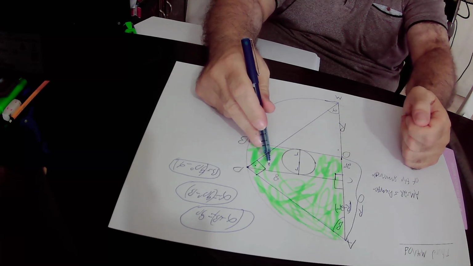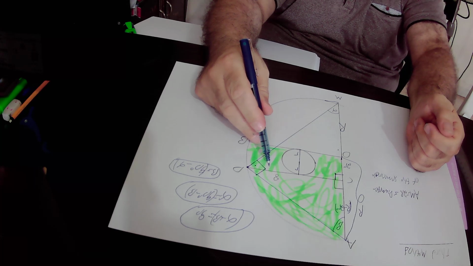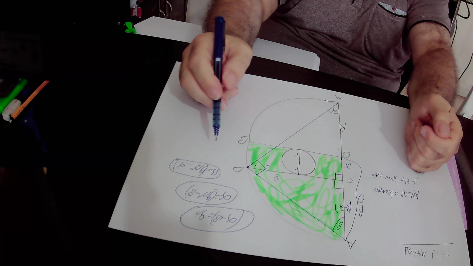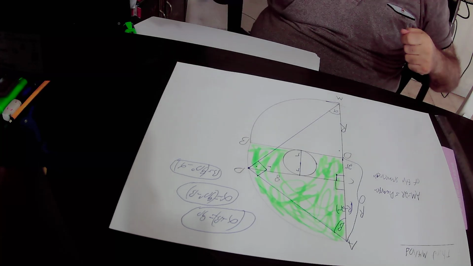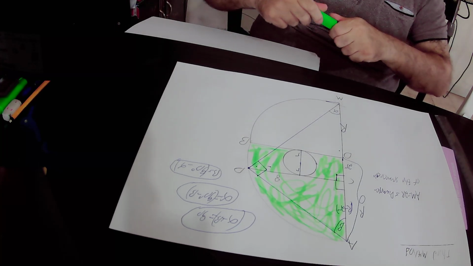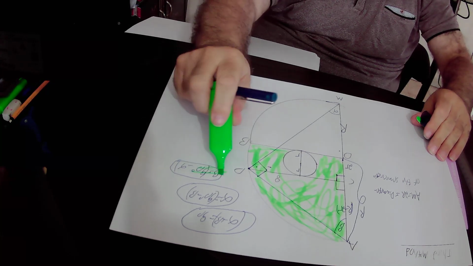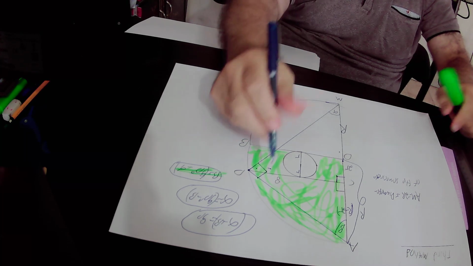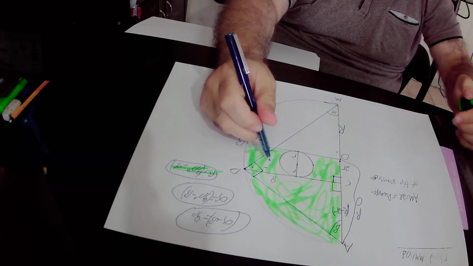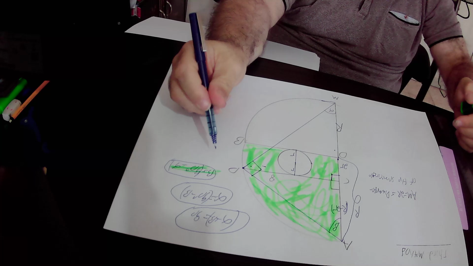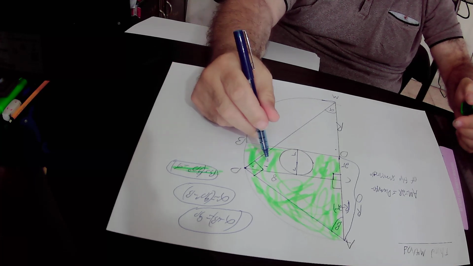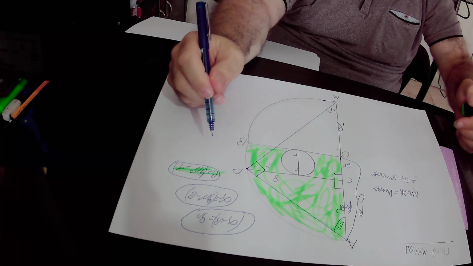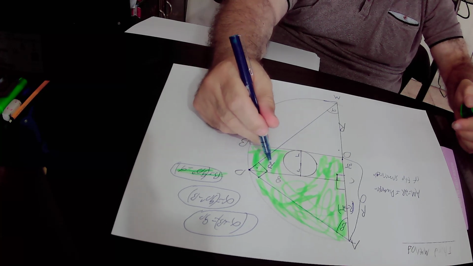So we found out that the missing angle must be equal to 90 degrees minus alpha. But we have already found out that 90 degrees minus alpha equals beta. That is to say, this angle that is equal to 90 degrees minus alpha equals beta.